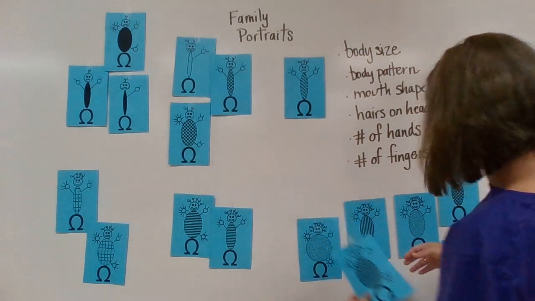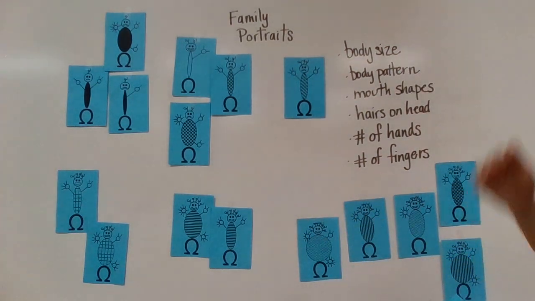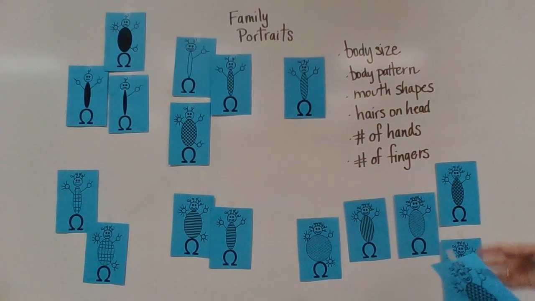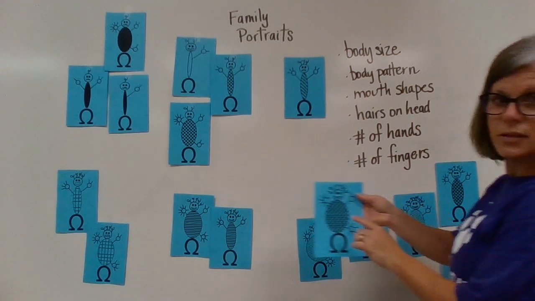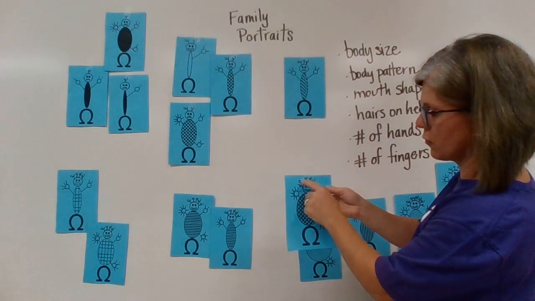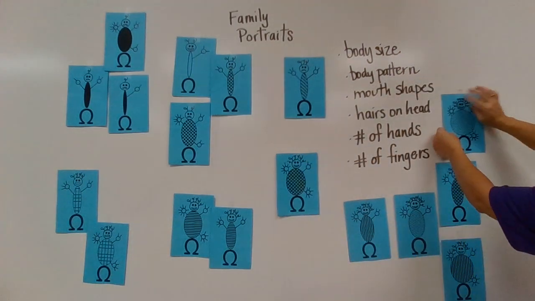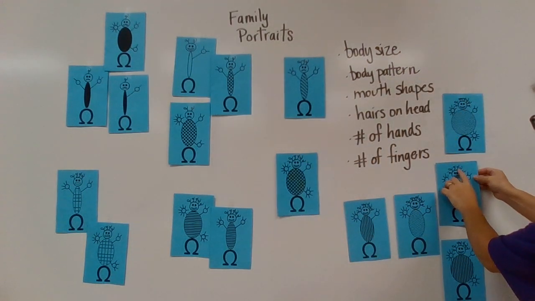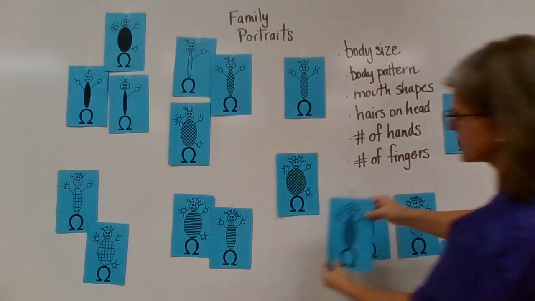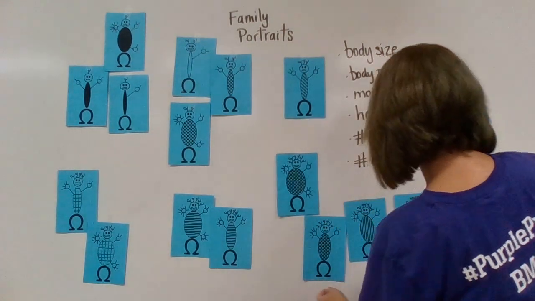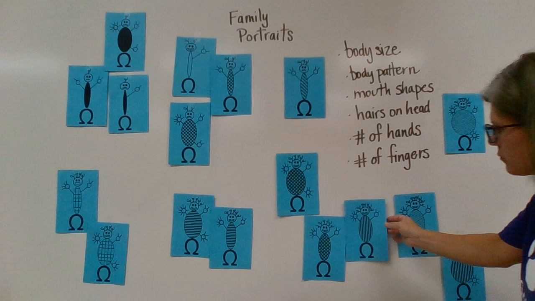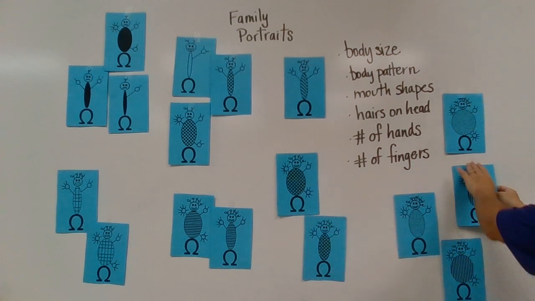And I think that might be it for our 5 hairs. And of course, now we can move to 6. 6 hairs. It looks like this one. 1, 2, 3, 4, 5, 6. Okay. 1, 2, 3, 4, 5, 6. This one has 6 hairs also. And it looks like that's it.